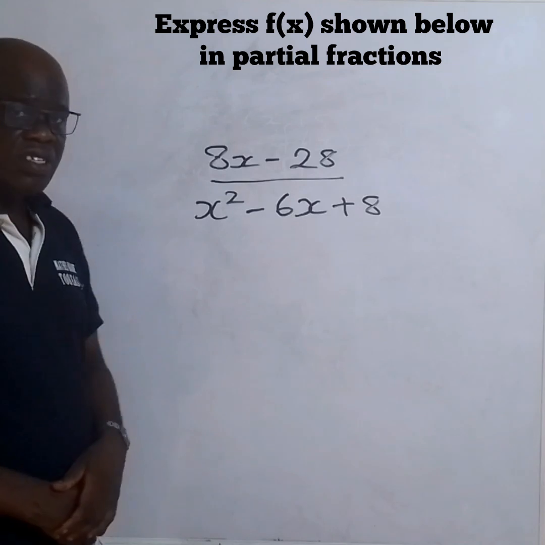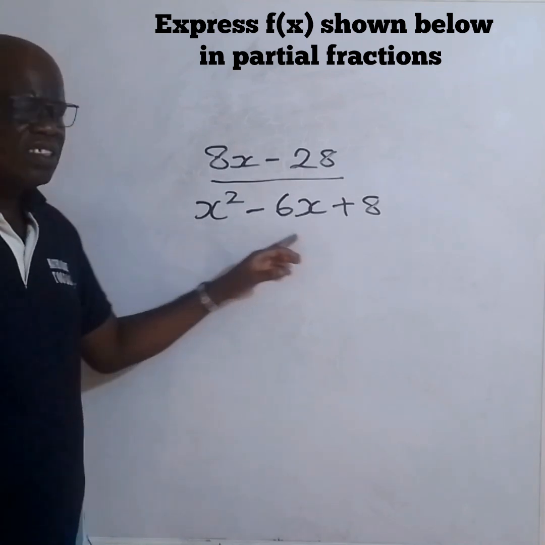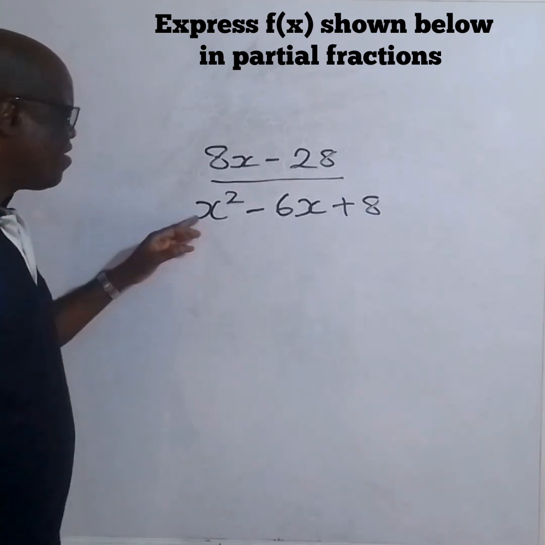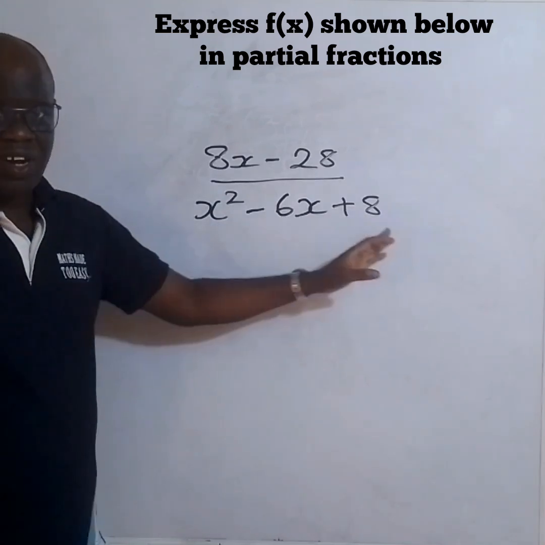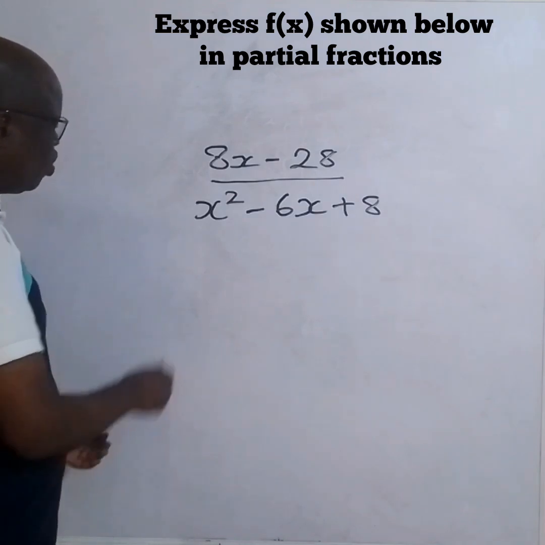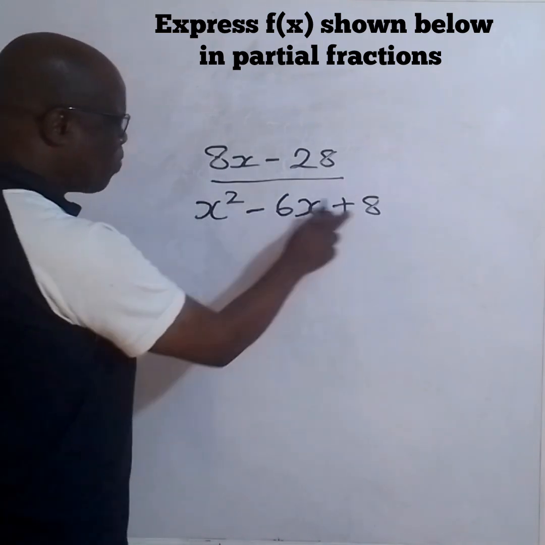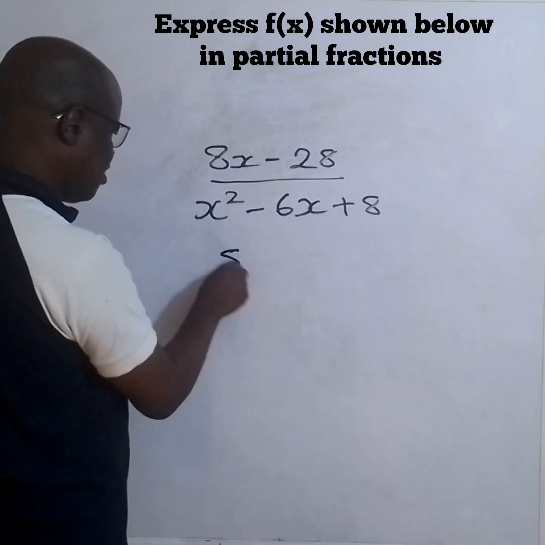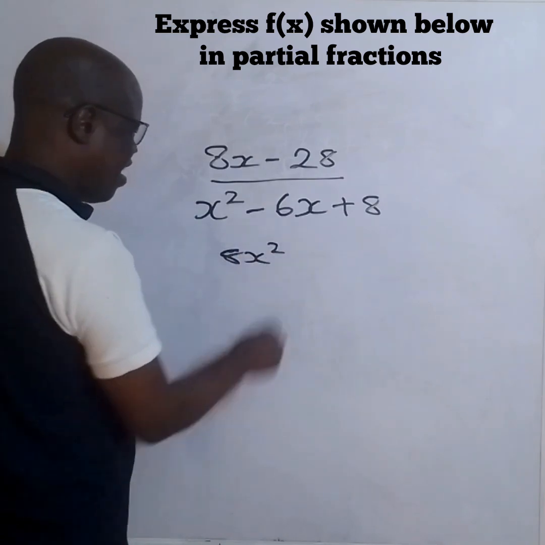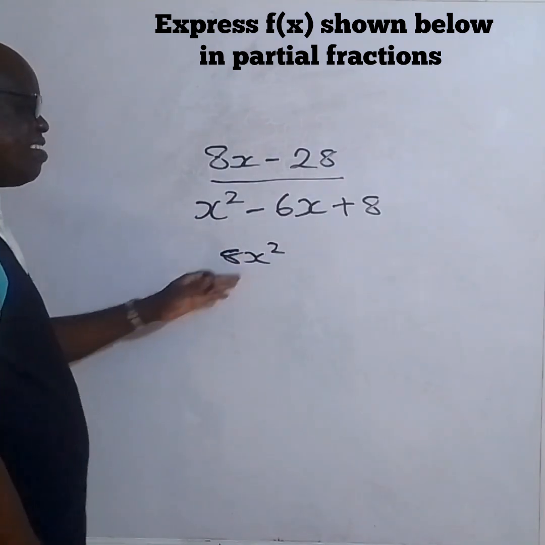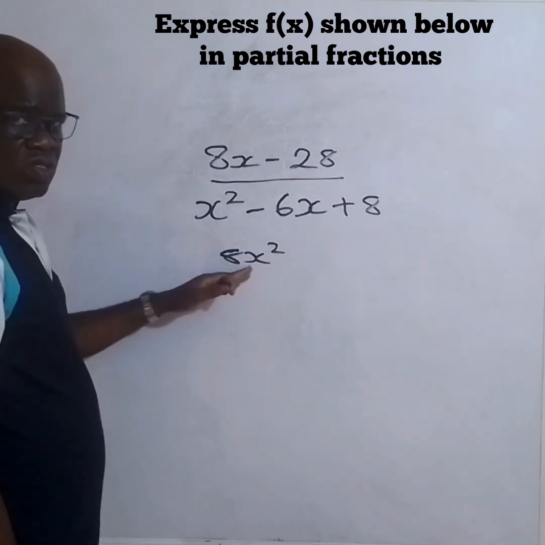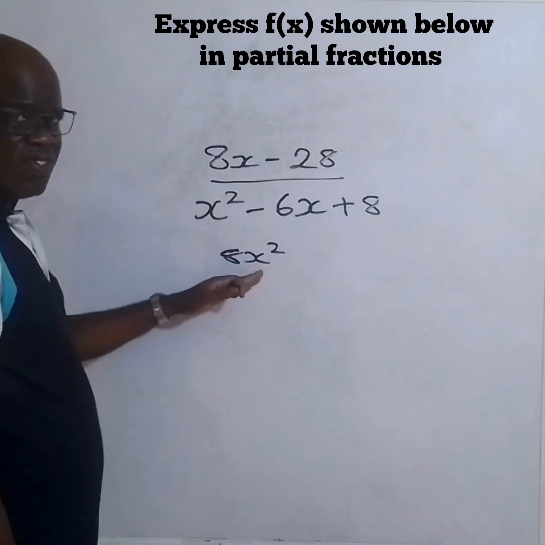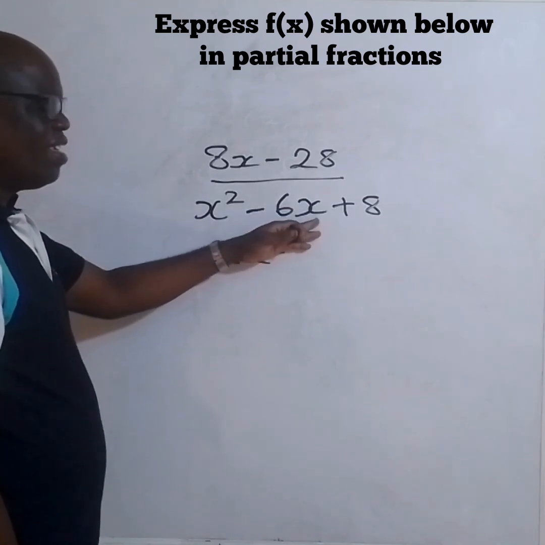Now, the second thing you have to do is look at the denominator. This denominator, you factorize it because this is factorizable. So what you will do is just multiply this. This is 1 multiplied by 8. So that's 8x squared. Now, you break this into 2 in such a way that if you add the 2 terms, it will give you minus 6x.